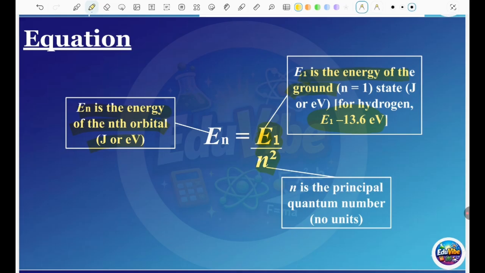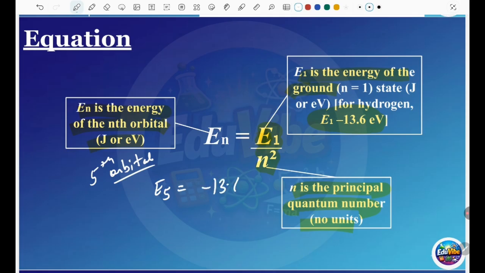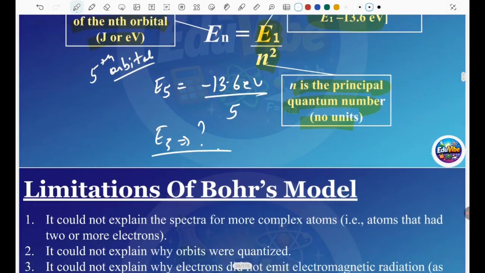You take this and divide it by the principal quantum number squared. If you have to find the energy for the fifth orbital, you can use this formula: E5 is equal to minus 13.6 eV divided by 5 squared. You get the energy of the fifth orbital in eV. Or if you want joules, you can convert this to joules. So that's the formula we also use.